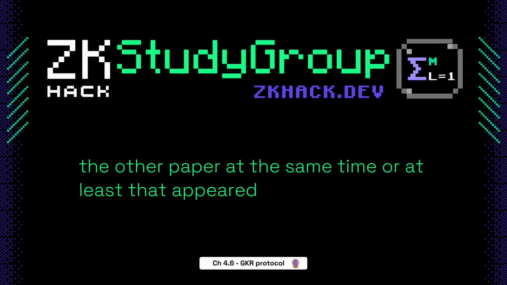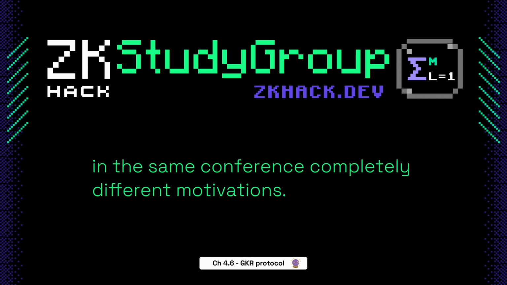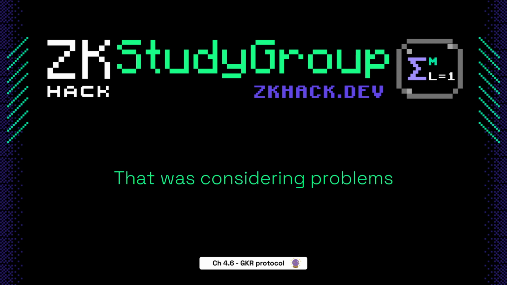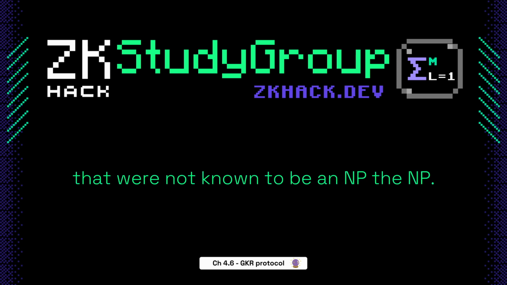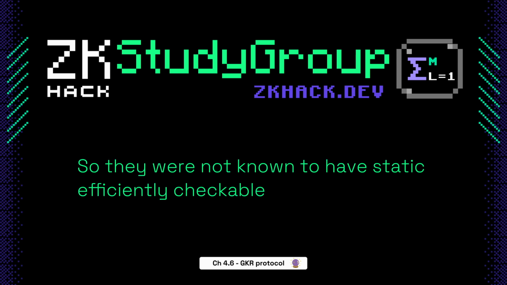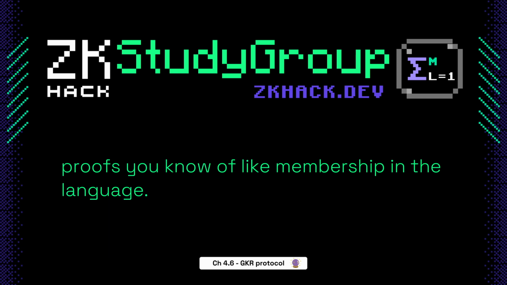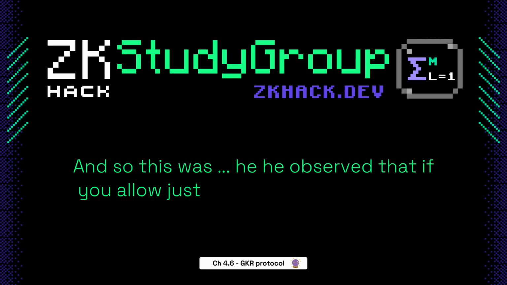The other paper at the same time, or at least that appeared in the same conference, had completely different motivations. That was considering problems that were not known to be in NP, the complexity class NP. So they were not known to have static, efficiently checkable proofs of membership in the language. So this was Babai.